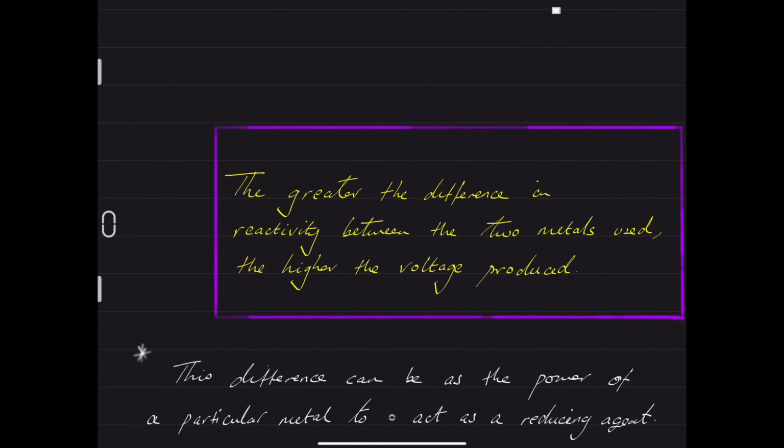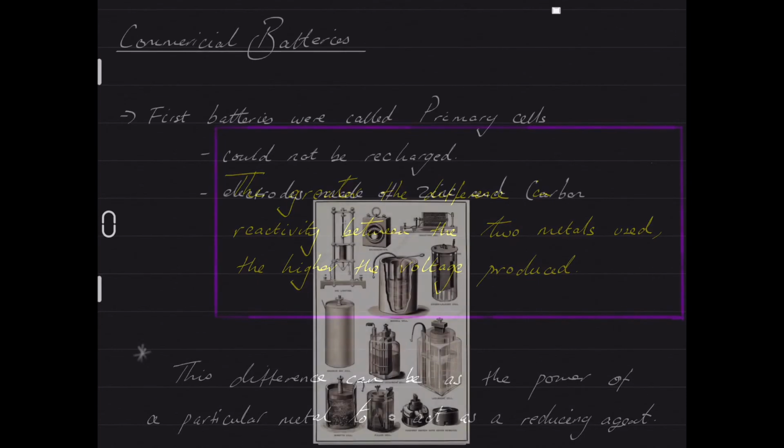So referring back to your reactivity series, we have the metals near the top, i.e. your most reactive metals, and then your least reactive metals towards the bottom of the list. So the greater the difference between the two metals used, the higher the voltage that is produced. And this difference can be seen as the power of a particular metal to act as a reducing agent.